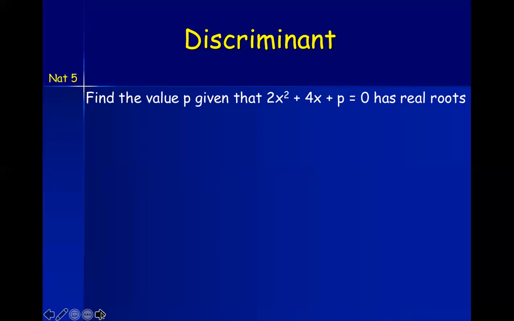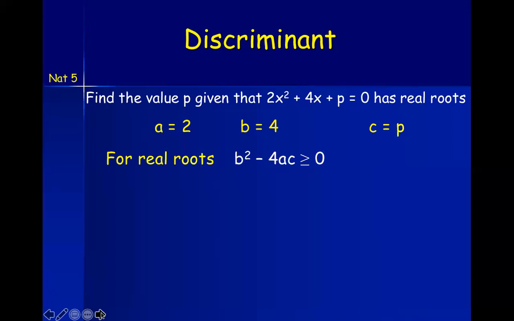When B squared minus 4AC, you can either have 2 equal real roots or 2 distinct ones. It's got to be positive or equal to 0, yeah? So that's the statement you need to write. B squared minus 4AC, to get real roots, it can either be equal to 0 or when B squared minus 4AC is positive.